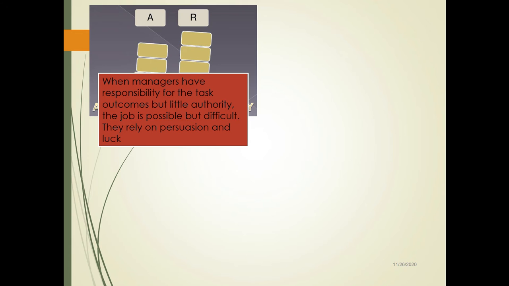Why? Because the subordinates would not follow instructions. They would not obey because the person has less authority. So in here, maybe they rely on persuasion and luck.